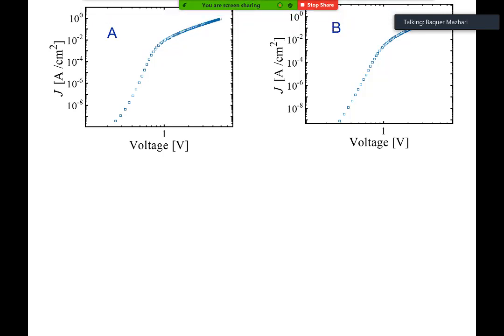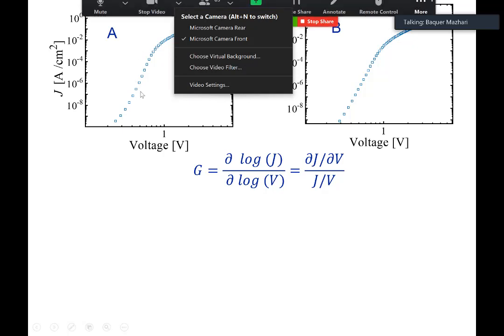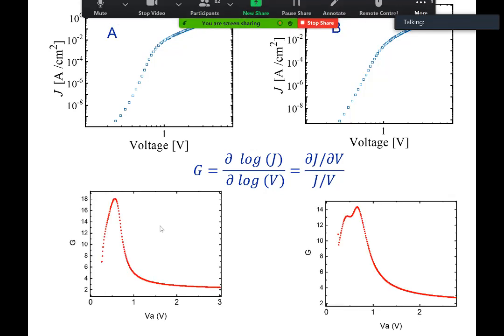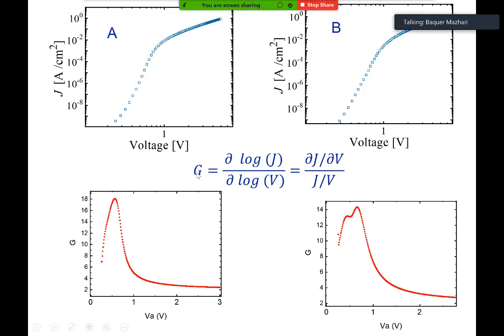What we suggest is a very simple tool, which is simply the derivative of the log plot. If you use the derivative of the log plot rather than the log plot itself, and let me show you for A and B, what you see is this. This is the derivative of the log plot of A. We call this derivative G, because it's the ratio of a small signal conductance by DC conductance.